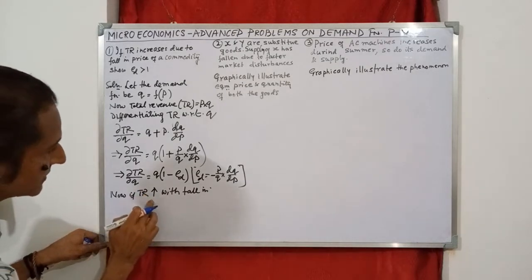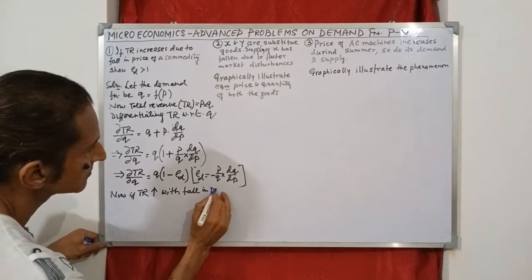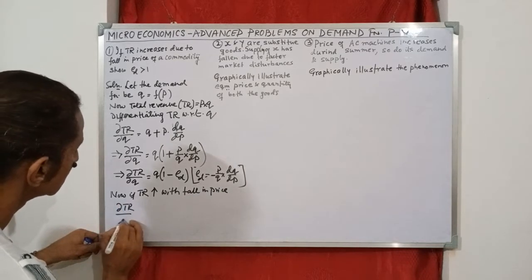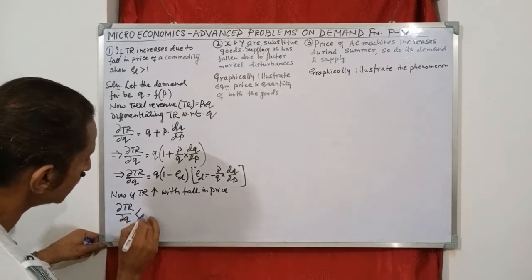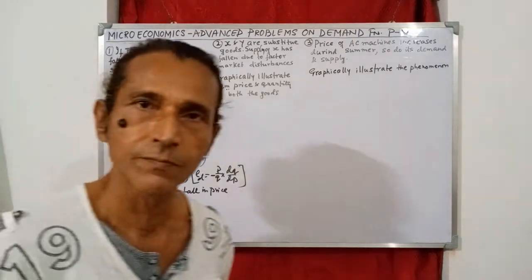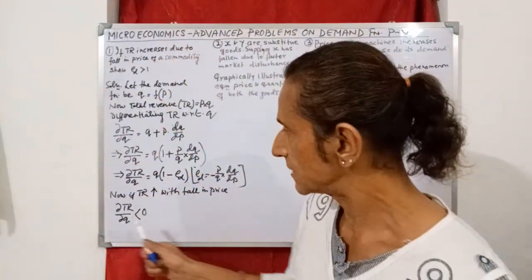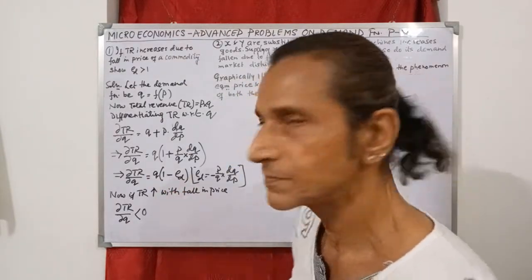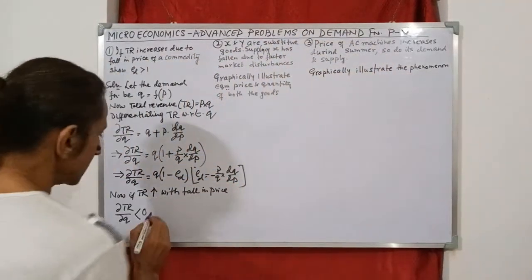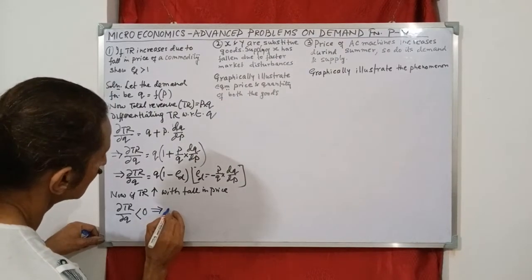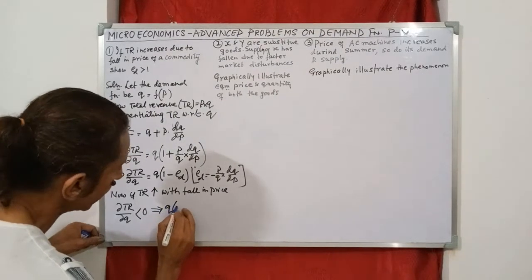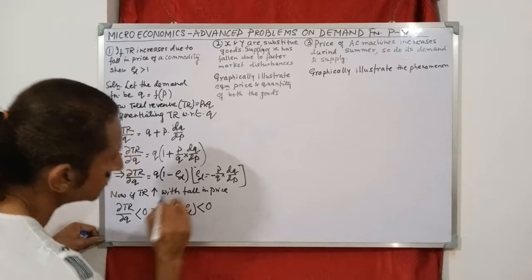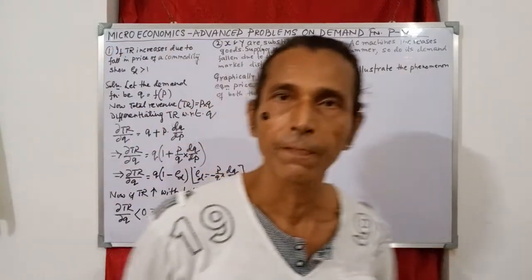If TR increases with fall in price, del TR del Q must be less than 0. Now if del TR del Q is less than 0, then this will be less than 0. This means Q within bracket 1 minus ED will be less than 0. Right?